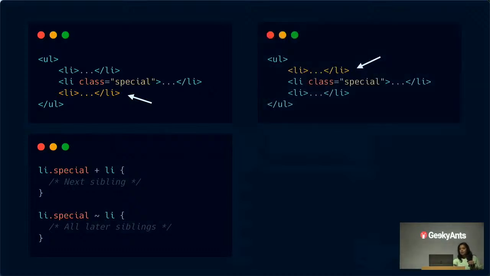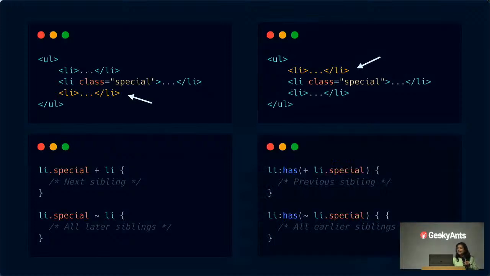But how do you select a sibling that comes before it? One use case of this is the floating label. When you click on an email address or something, you see that the label floats up. This is implemented using the sibling selector. But you can't select in CSS without the hash selector. There is no way you can select a previous sibling. But with hash, the syntax is a little complicated.